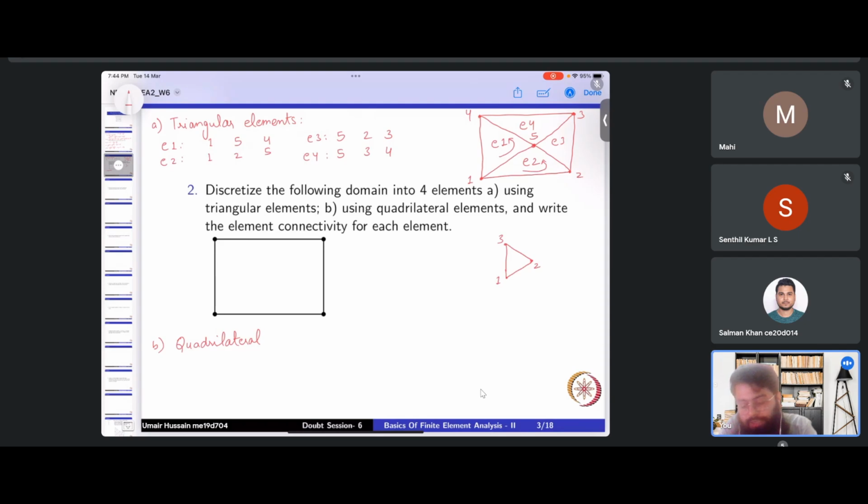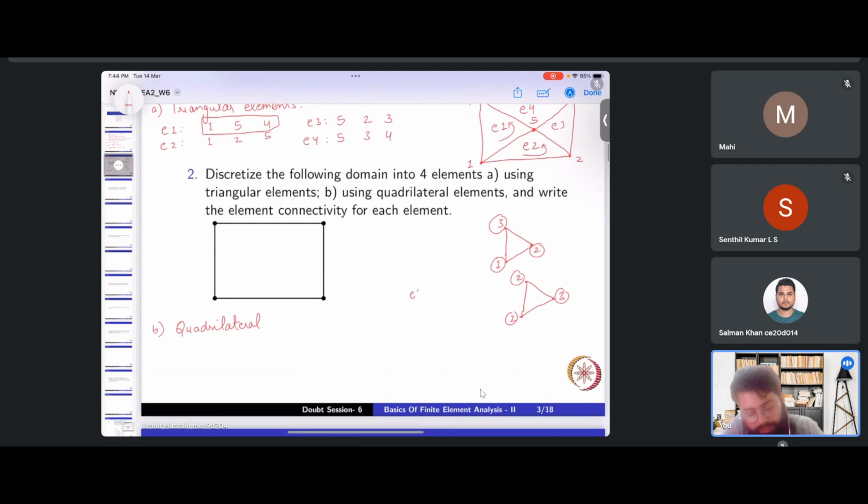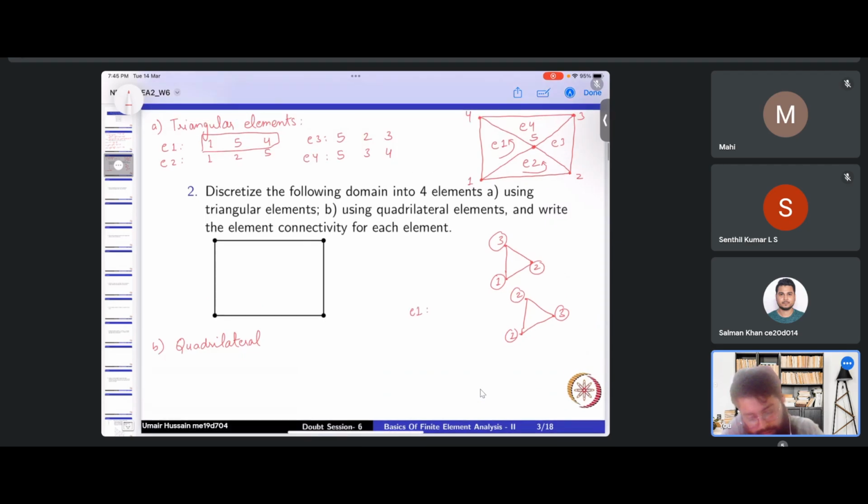So this sequence actually is this sequence, right? So I wrote 154 here because I was considering the local node numbers like this. If I want to consider the local node numbers like this, 1, 2, 3, then my element 1 connectivity would look like this: 1, 4, 5.